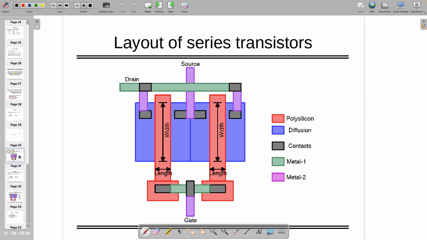Now look at the layout, how the layout will look if two transistors are in series. So this is now the real layout I'm talking about, not like the one which I used to draw with my stick diagram.